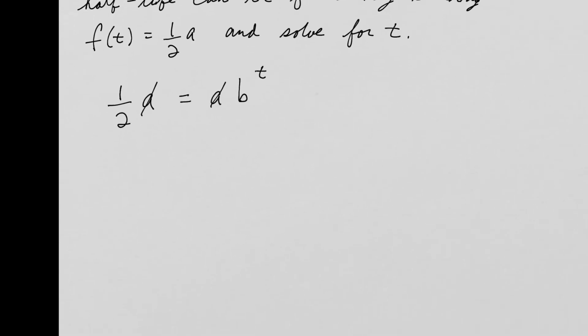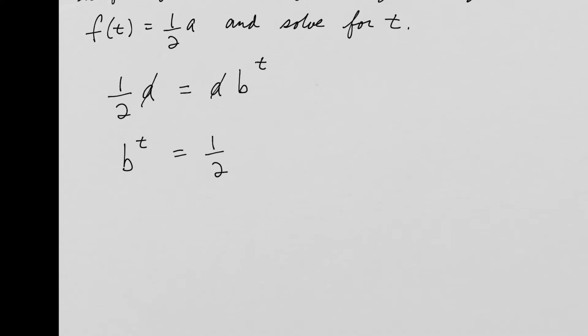And then I have b to the t equals 1/2. But then how do I solve this equation for t? It's just an exponential equation. Remember, we take the log of both sides. And you can use any log you want. I'm going to stick with natural log. So I would do natural log of b to the t is equal to natural log of 1/2.